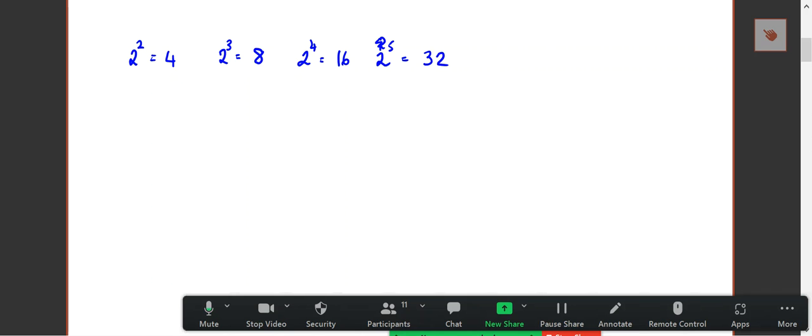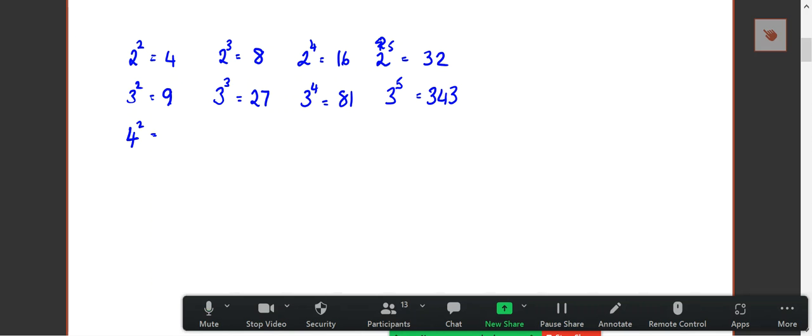Then 3 to the power of 2 is 9. 3 to the power of 3 is 27. 3 to the power of 4 is 81. 3 to the power of 5 is 243. Okay, cool. Looks like you know what you're doing.